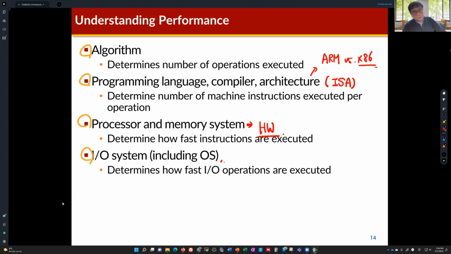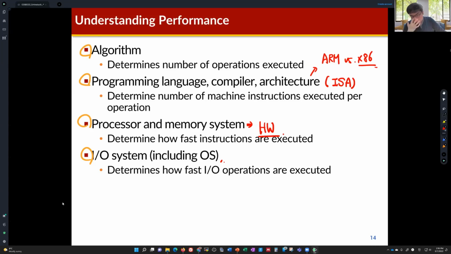So what are examples of I/O systems? Such as displays, like monitors, and keyboards, mice, and networks. So these I/O systems also determine the performance of entire computer systems.